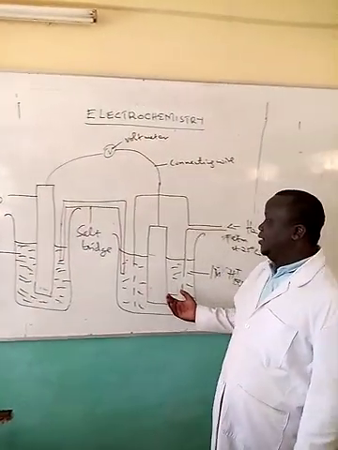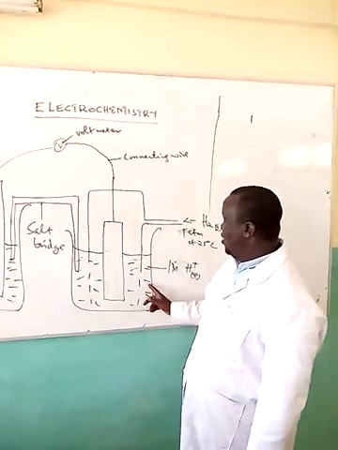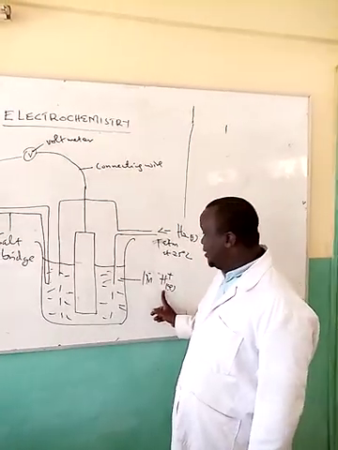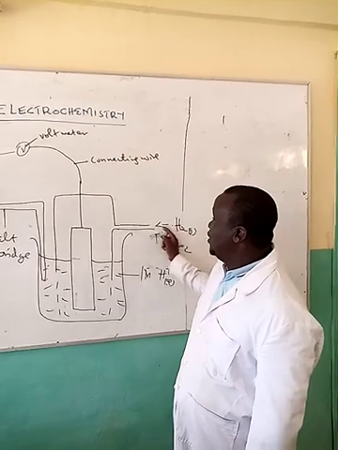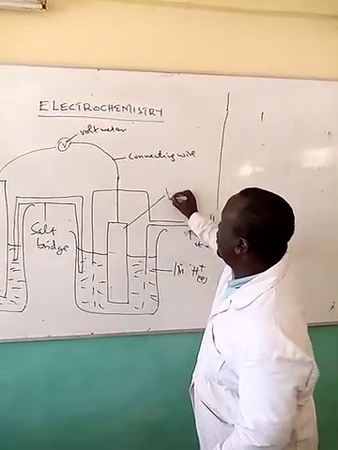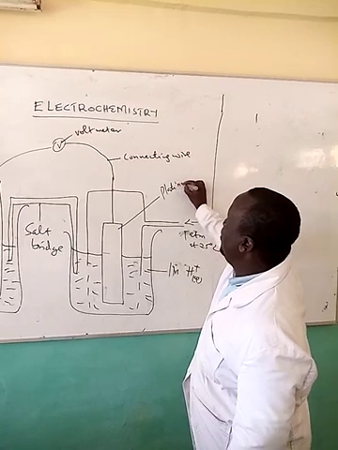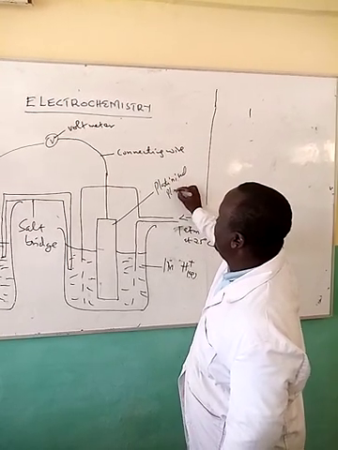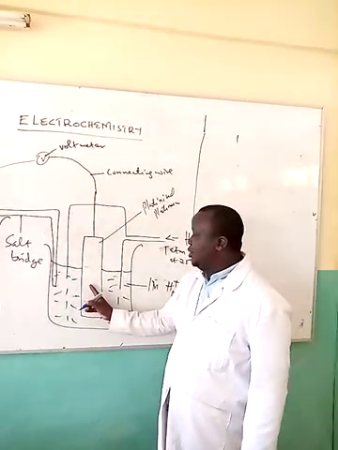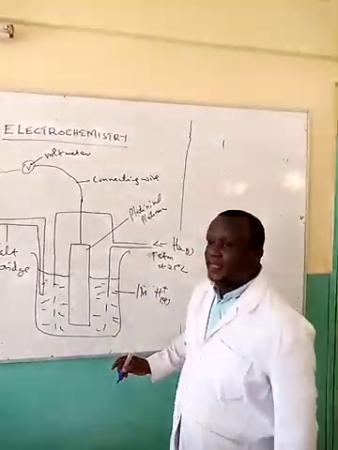This hydrogen half cell is made up of a 1 molar solution of the acid, preferably sulfuric acid, and the hydrogen is being pumped from outside, and this electrode is platinized platinum. The reason why platinum is used: one, it is an inert electrode.